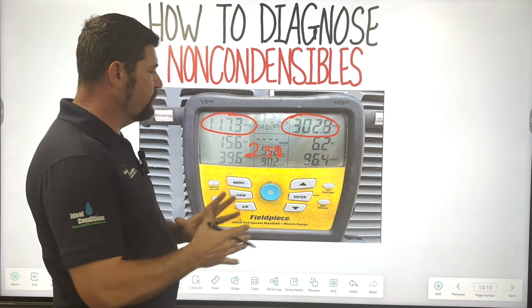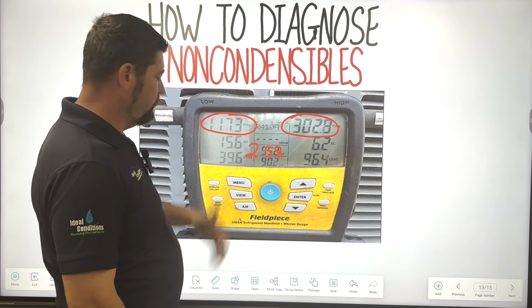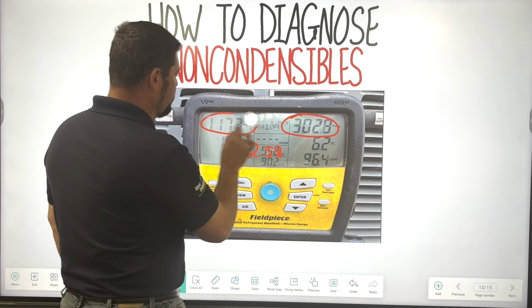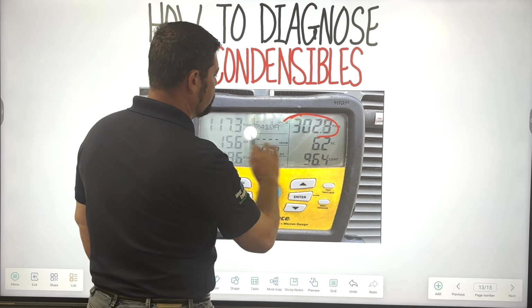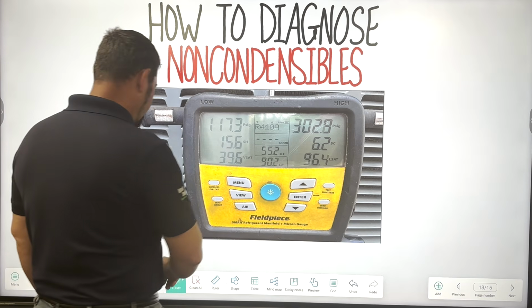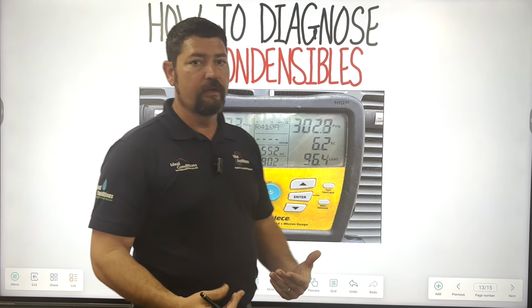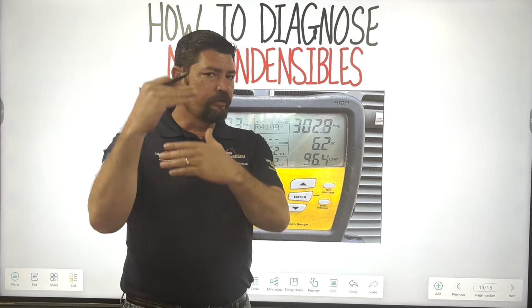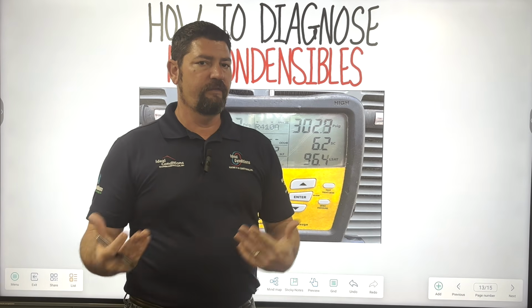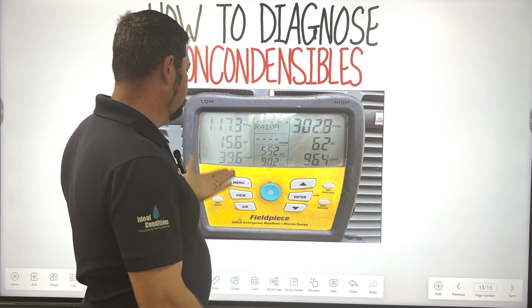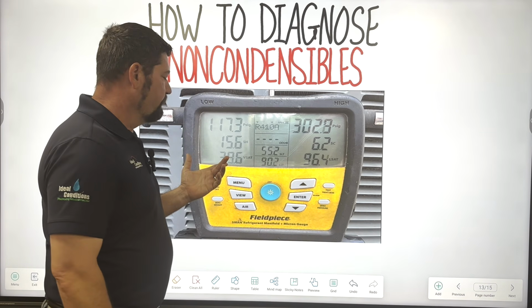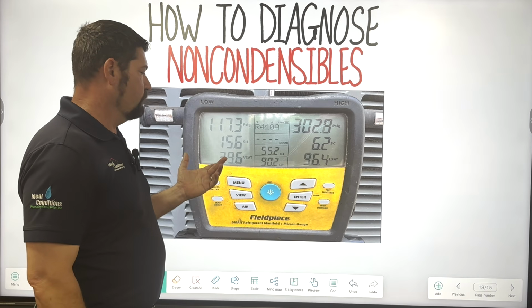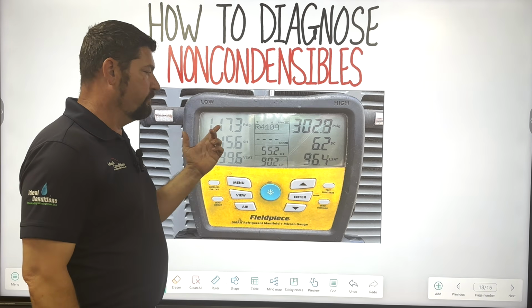If you have a good pumping ratio, what's next? Typically when we're diagnosing, we can't just go off of pressures, because the only thing I'm really going to get out of that is a pumping ratio. Or am I close enough to the values that I would normally see if this system was working properly? Meaning, is my evaporator coil above 34 degrees? Well, if I am, I'm going to be 100 plus.